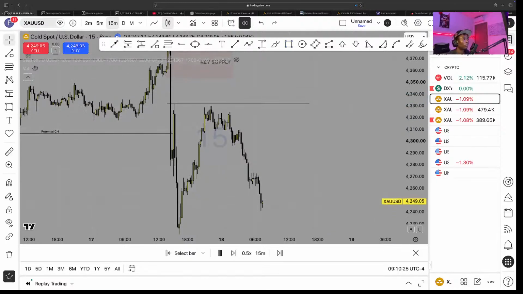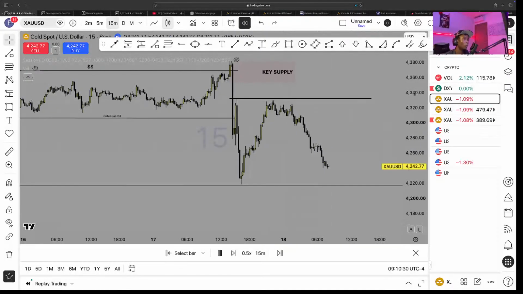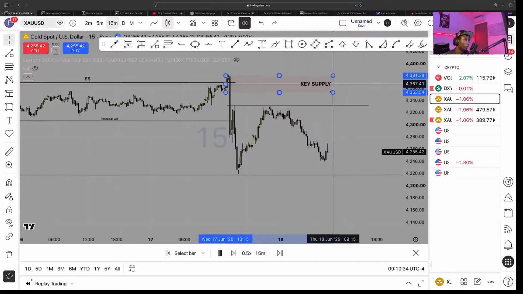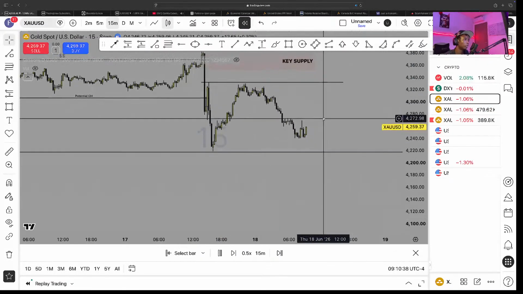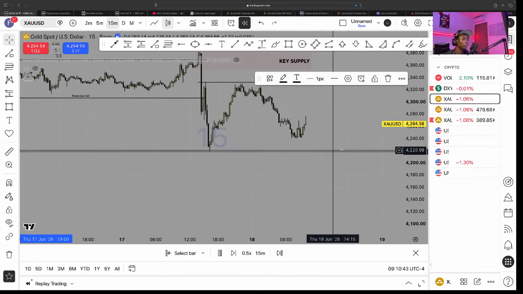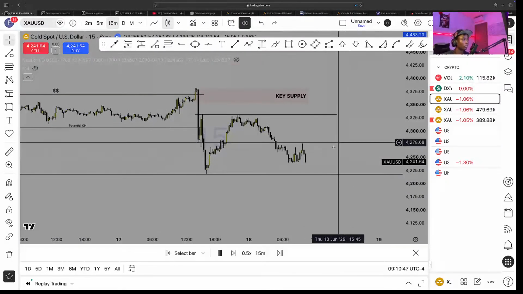So for me, I wouldn't have taken this particular sell. I would only sell if the price would have returned to this point. So I wouldn't have rushed to sell this market. I'm gonna wait to see if we're gonna have a break below this level. Then I will look for my selling opportunity at the pullback.